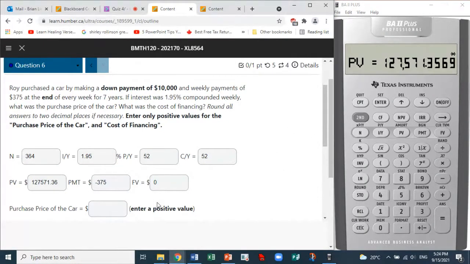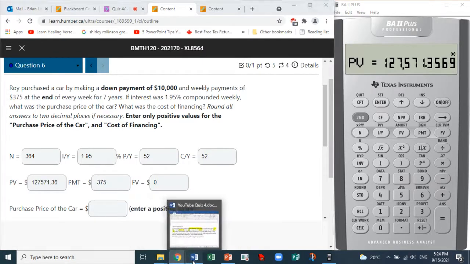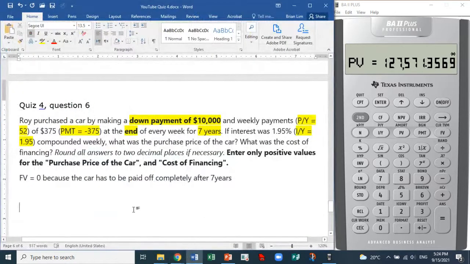All right, so what is the purchase price of the car? Well, there was a down payment of $10,000. So that has to be added to this present value. Let us go to maybe the Word document, and we can do some more there. So the present value, we can use bold, that's fine, 127,571.36.